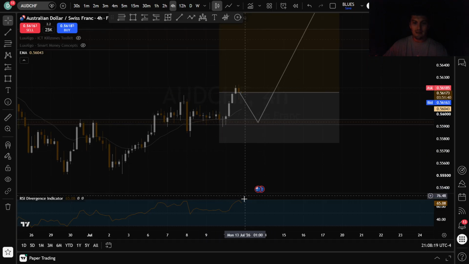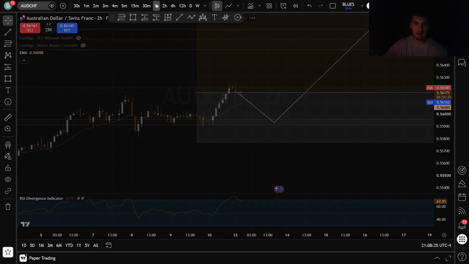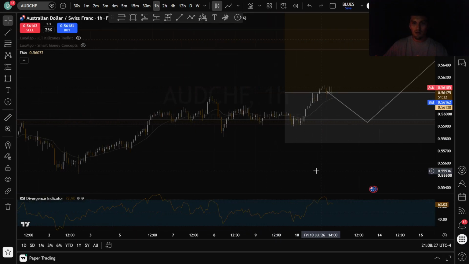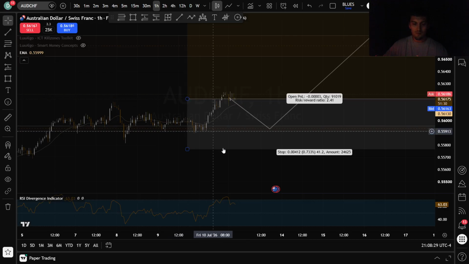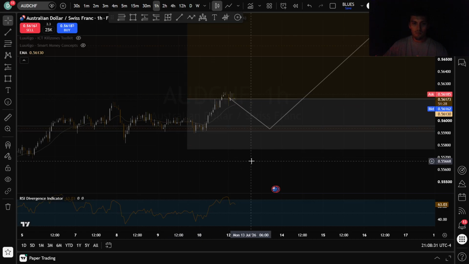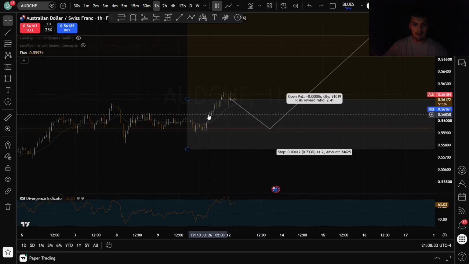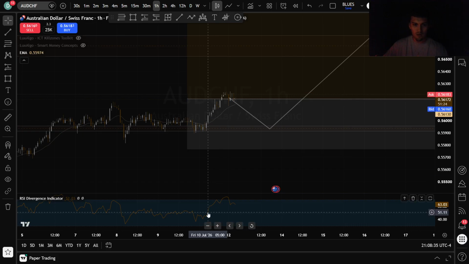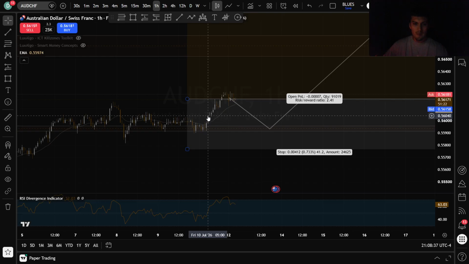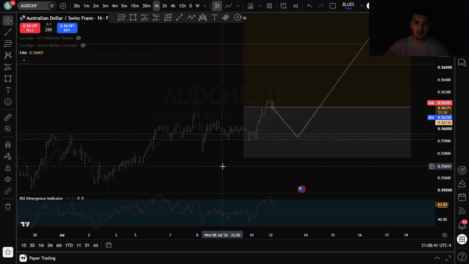The one thing is that our RSI is very overbought right now. So let's go to the 2-hour and the 1-hour. If we could have gotten in somewhere right there where our RSI is lower, which is right at market open, this would have been a lot better trade.